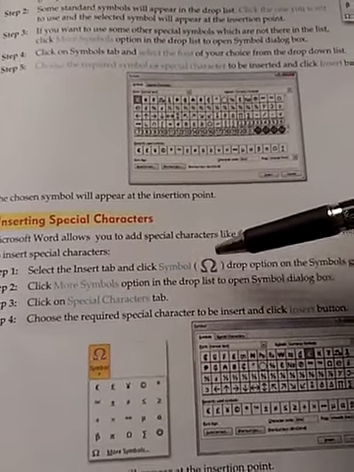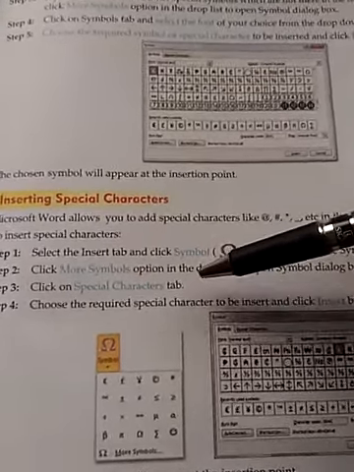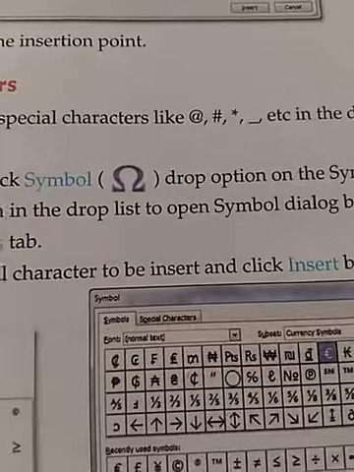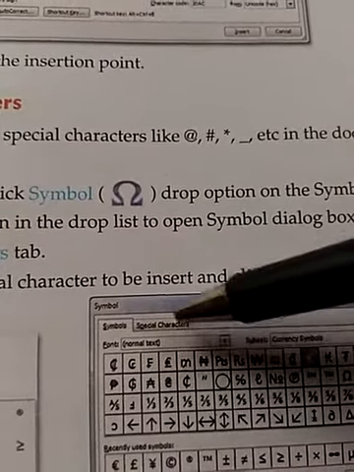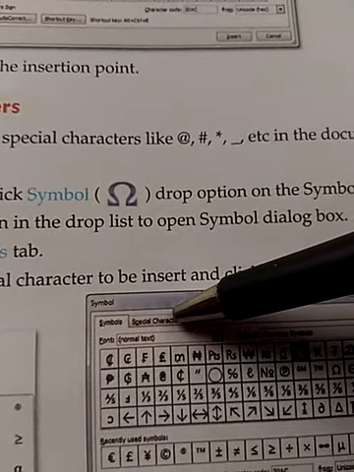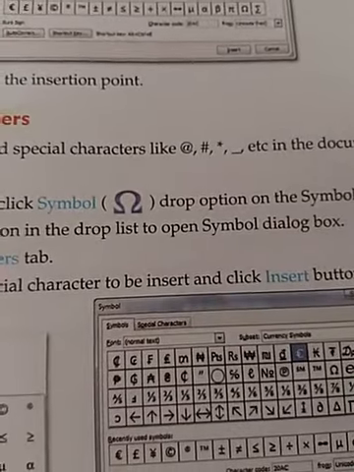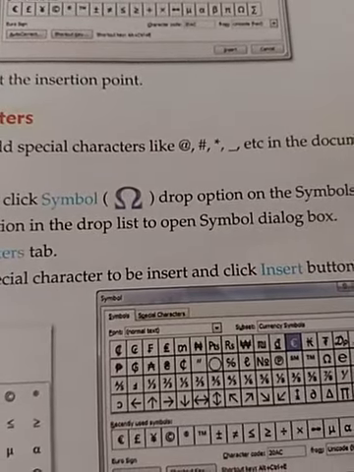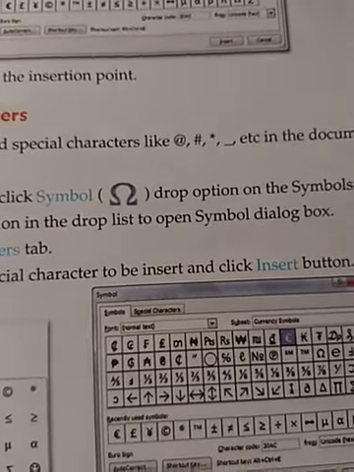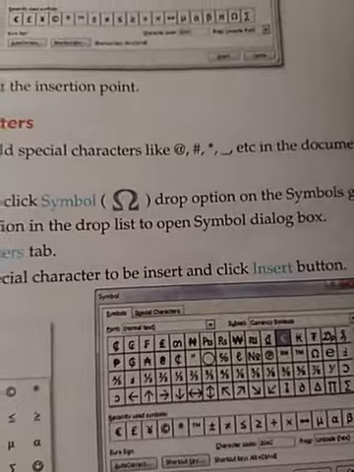After that, you will find the Special Characters tab present over here. Click on this Special Characters tab. You will find many special characters available in your MS Word. You can choose any of the special characters and insert it in your document.